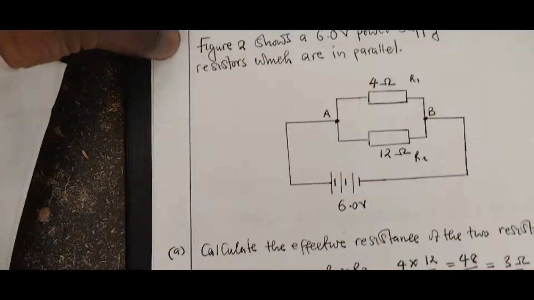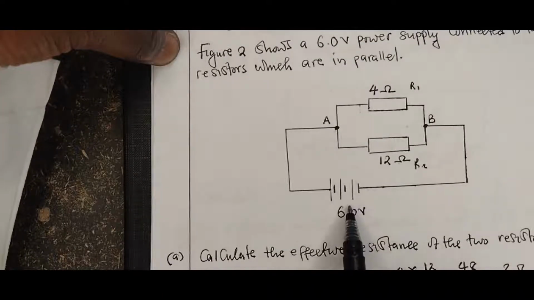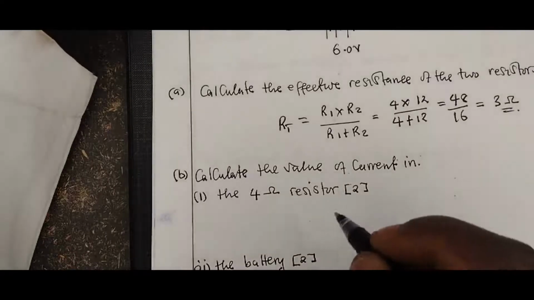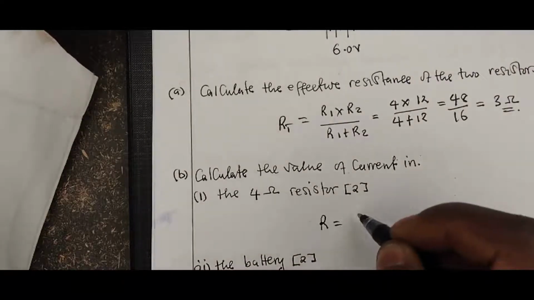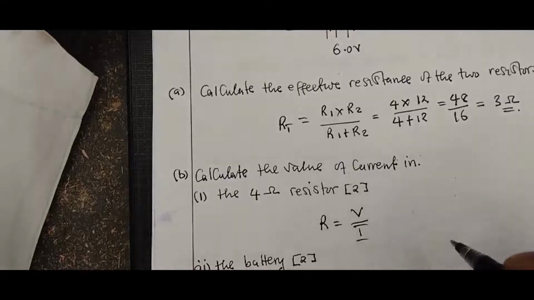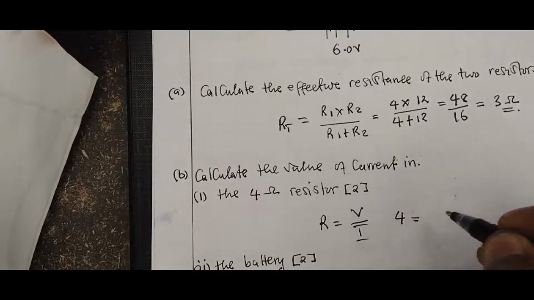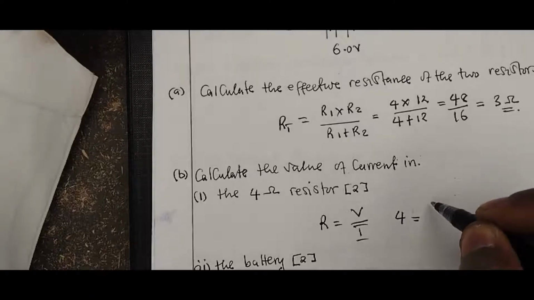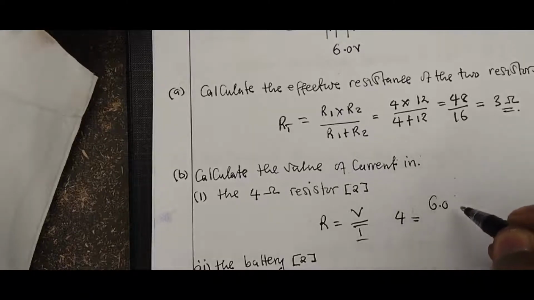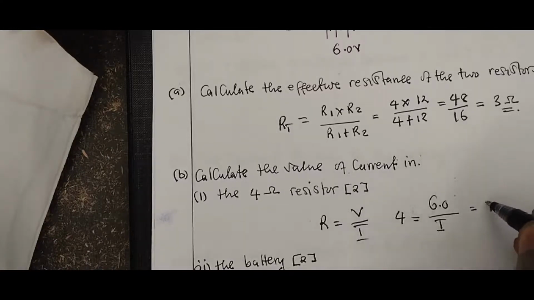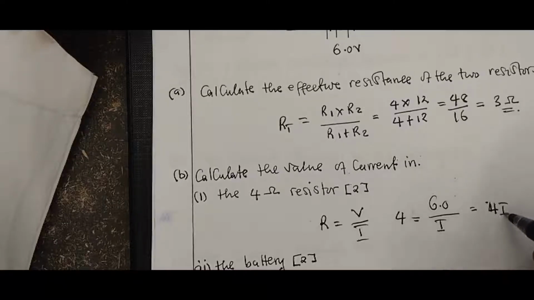In this case, the total voltage is 6, and therefore we are going to use the voltage of 6. Applying this formula, resistance is equal to voltage divided by current. The resistor is 4 ohms, the voltage is 6.0, and we are finding the current. So 4I, where I is current, is equal to 6.